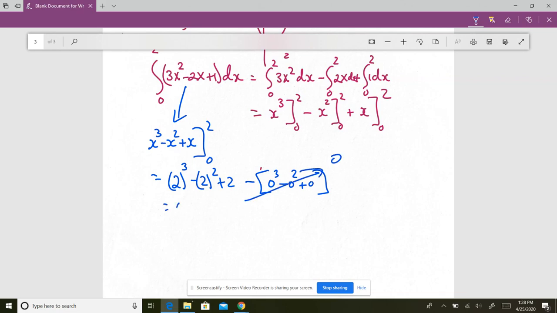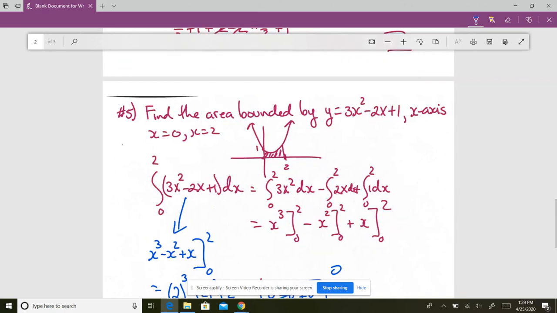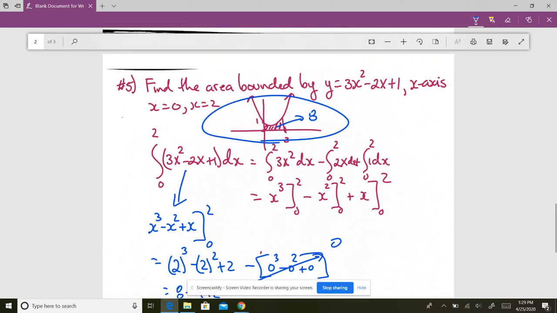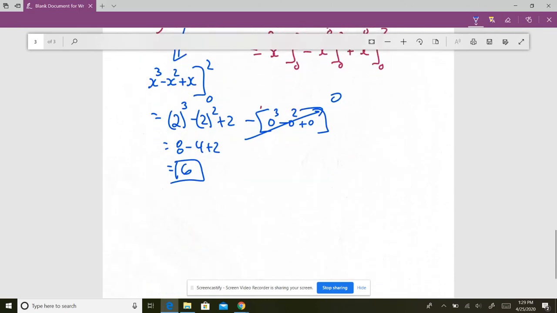So it's just 2 cubed, which is 8, minus 4 plus 2, which is 6. And there you go. I find it helps to draw pictures sometimes. You don't have to, but if you need a visual, that's nice. And you know this area is 8, or sorry, 6. Wow, sorry. 6. There you go.